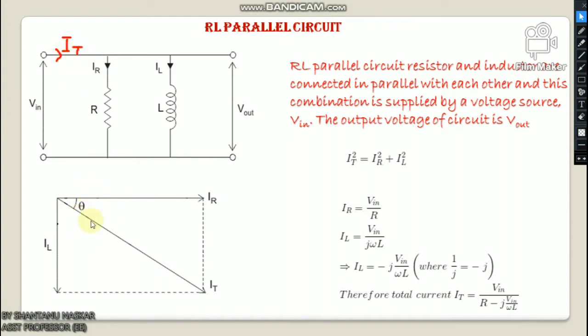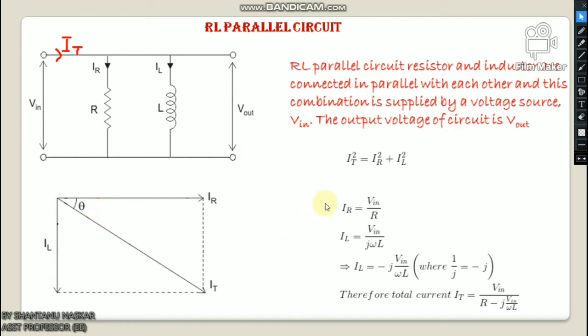IR is the current flowing in the resistor branch in amperes. IL is the current flowing in the inductor branch, also in amperes. And theta is the angle between IR and IT. Look here, theta is the angle between IR and IT.